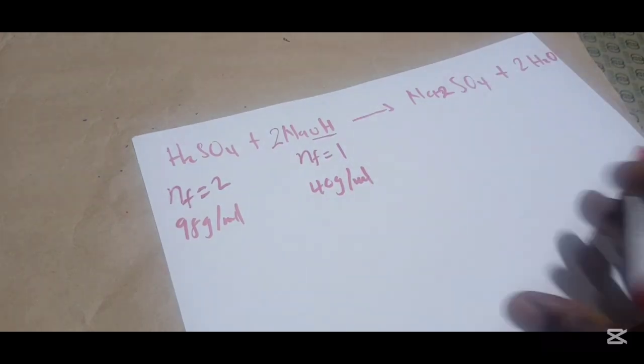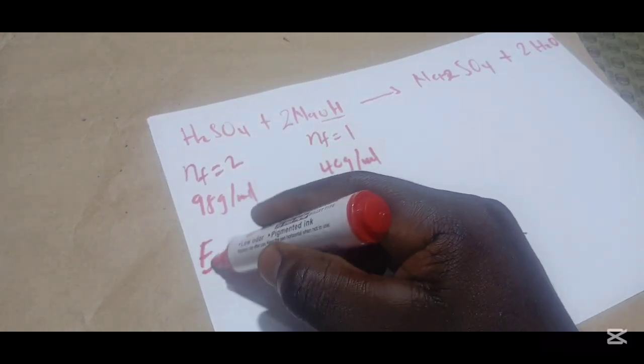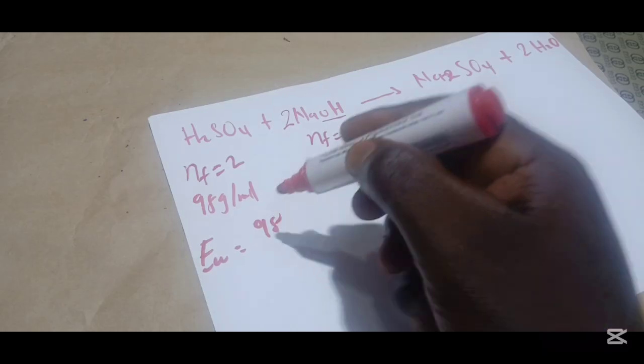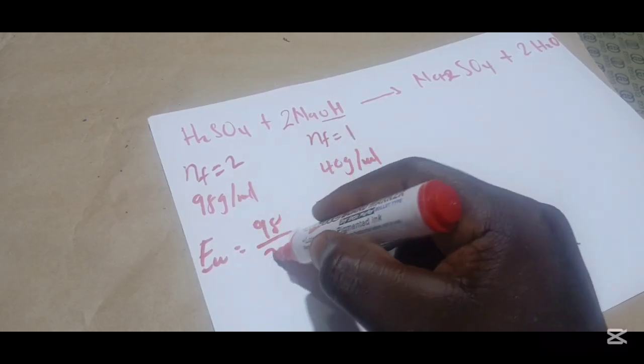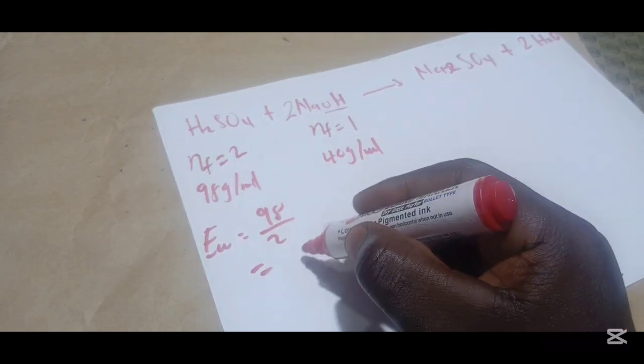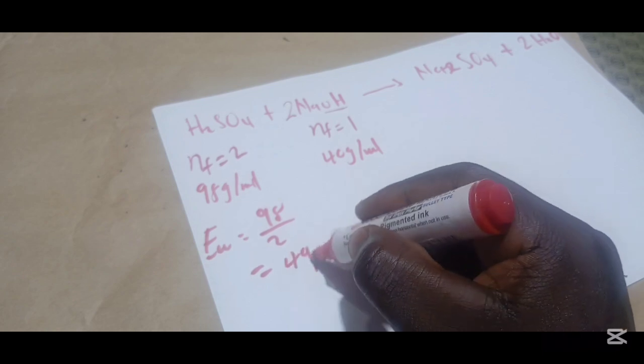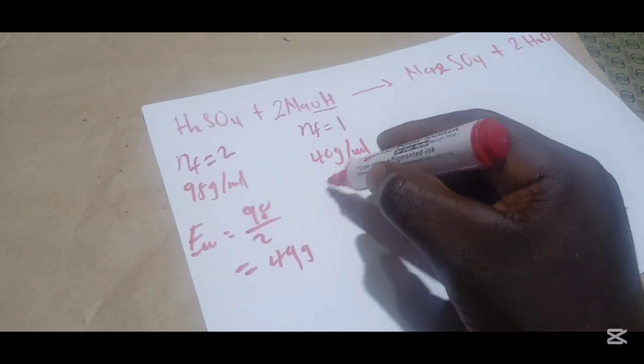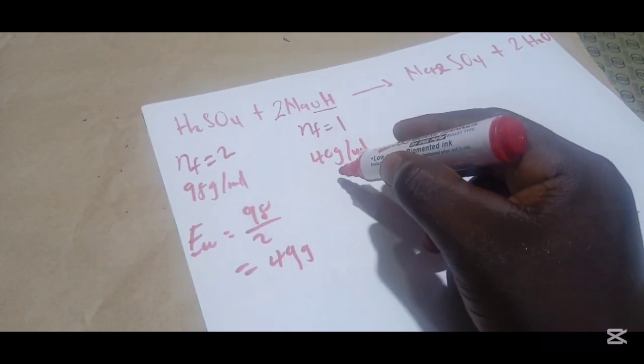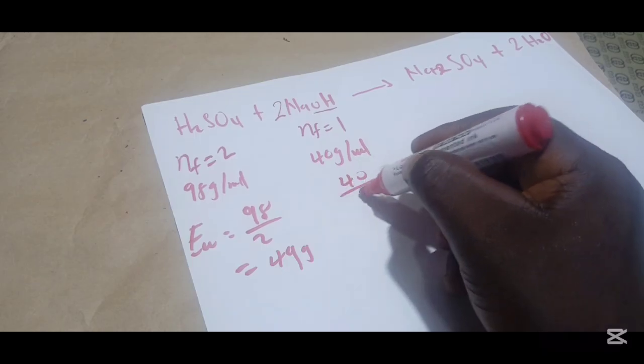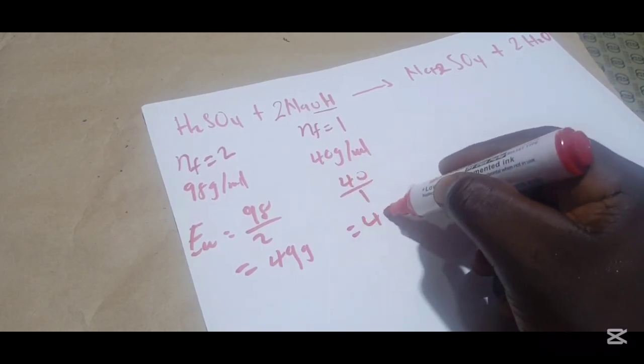So the equivalent weight of sulfuric acid equals 98 grams per mole over the n factor, which will give us 49 grams. And that of the sodium hydroxide is going to be 40 over 1, which is going to give us 40 grams.